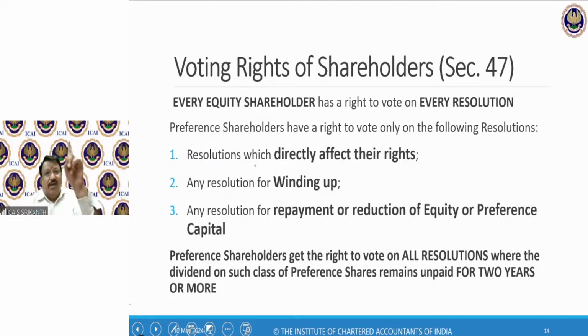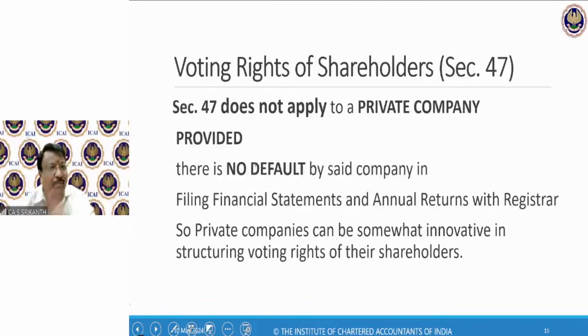Every equity shareholder having a right to vote need not apply to a private company. But if the private company's articles are silent, then Section 47 will apply. If the private company says 47 does not apply, then 47 won't apply. Whatever they say will apply.